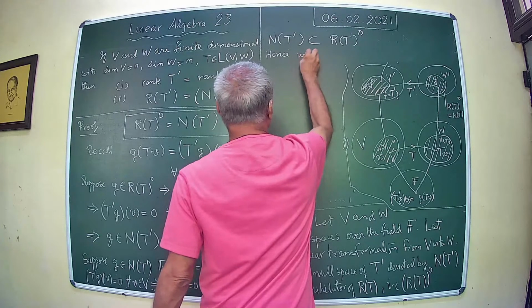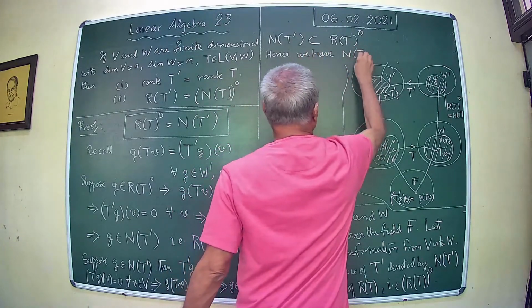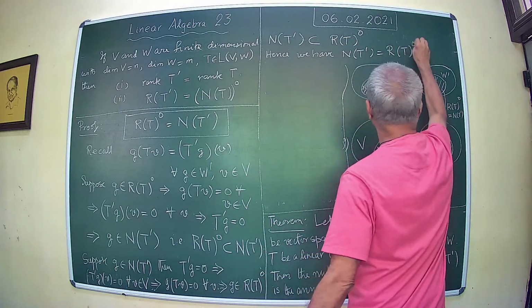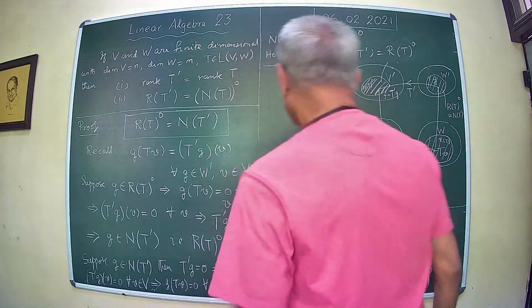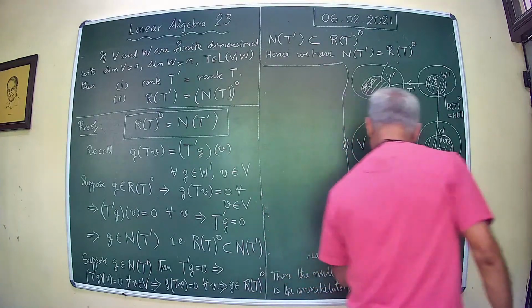So together these two, hence we have the equality. Now what we are going to assume is that these are all finite dimensional spaces.